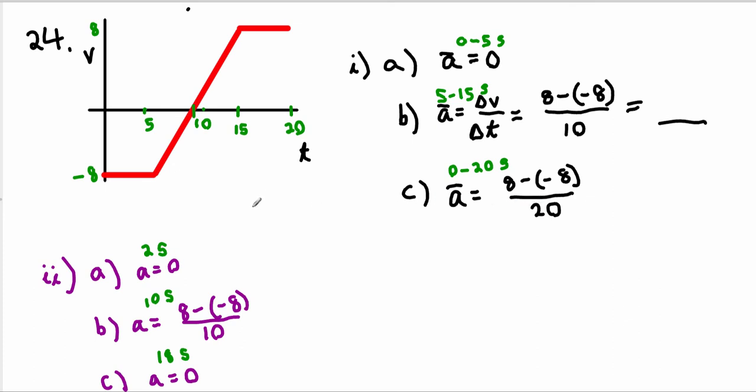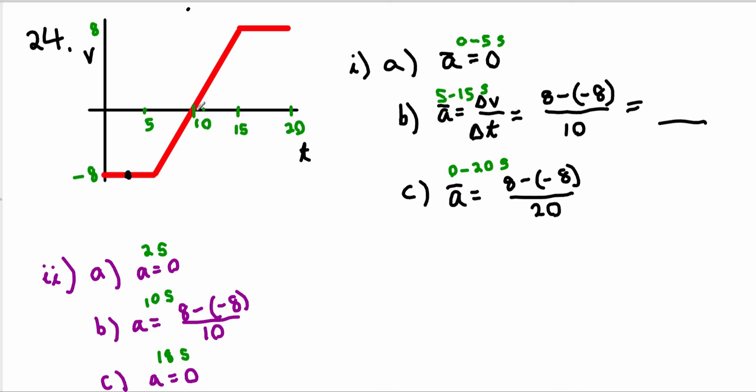Okay, so part 2 asks for instantaneous velocity. So instantaneous velocity is the slope at any one point. So at 2 seconds right here, the slope is 0. And you can think of the tangent line. So if you were to draw the slope right at that point, then the slope is 0.